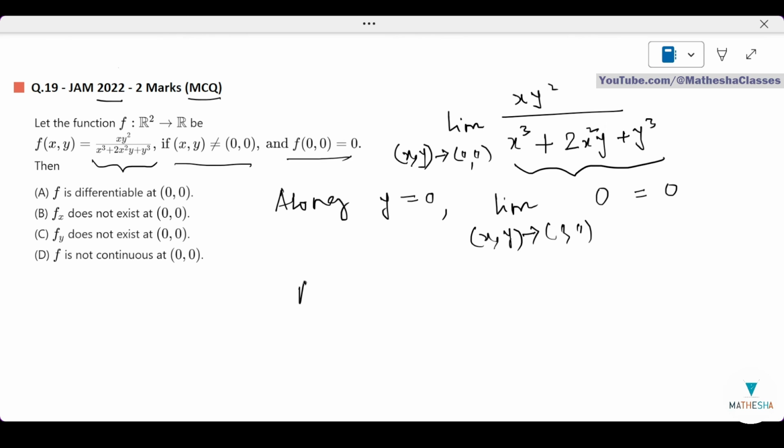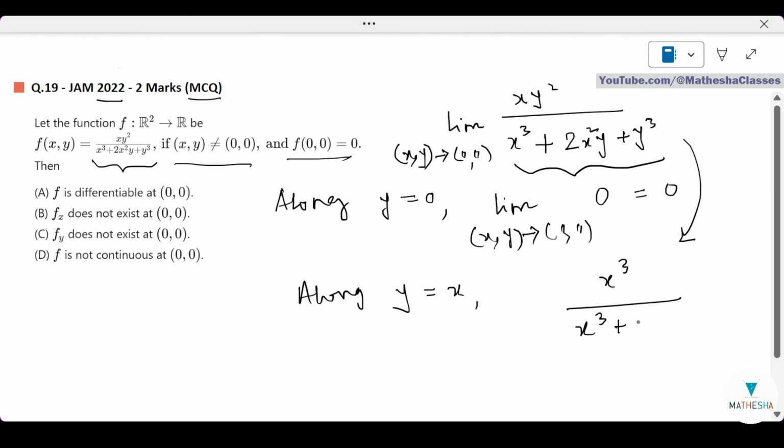And now if you consider the limit along y equal to x, then ये expression क्या बन जाएगा? By putting y equal to x, you will be getting x³ in the numerator, and the denominator first term will remain as it is, x³. For the second term, it will be 2x², put y equal to x, so x, plus y³ means x³.